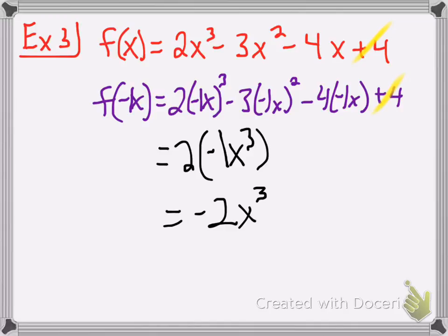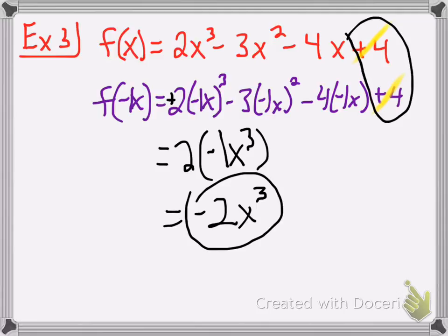So the sign in front of the 2 changed. It went from positive to negative. Well, if this stayed the same and this changed, it seems to me it doesn't know what it wants to do.